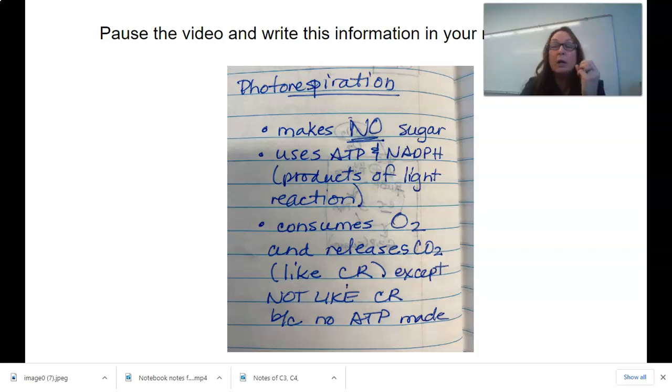So there must be something we don't know. Processes that are wasteful and useless over time become outcompeted by other processes that aren't. So maybe we're missing something. There must be a reason for this to be conserved. That's all I'm saying. Okay?